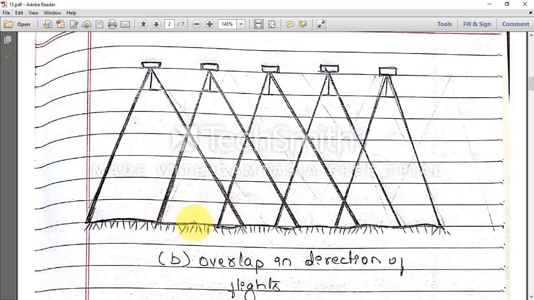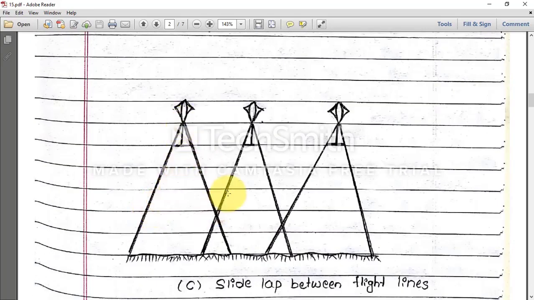This area is obtained in the first photograph and the same area is obtained by the second photograph also. What about this one? This area we can get from the first photograph, this area from the second photograph, and this area again from the third photograph. So this type of overlap should be there. This is along the direction.